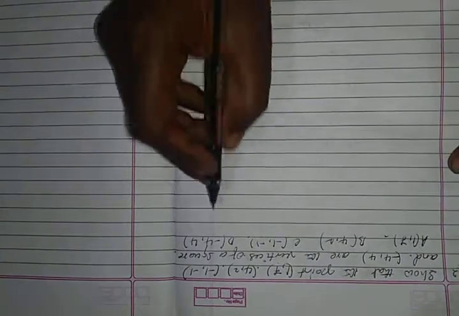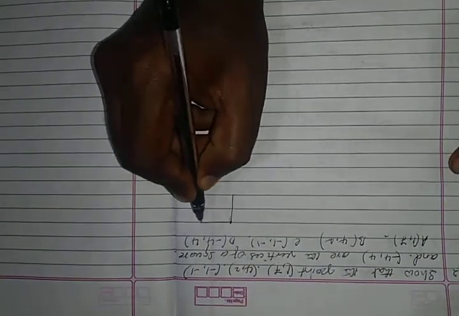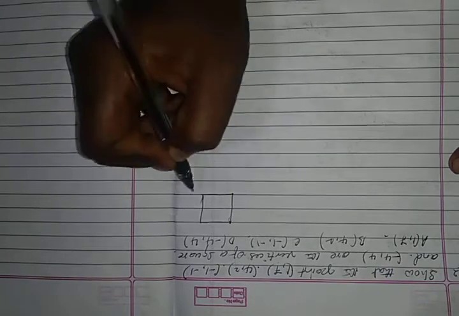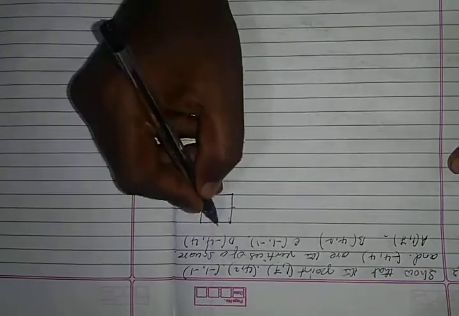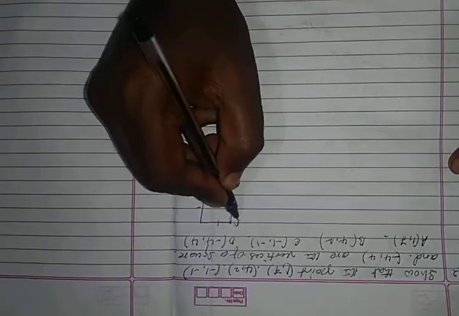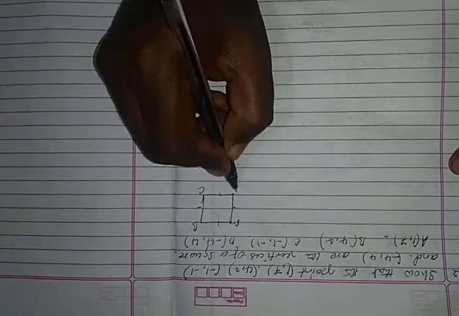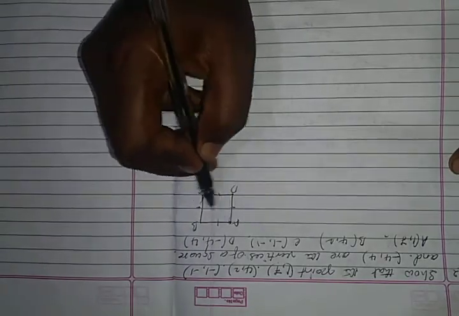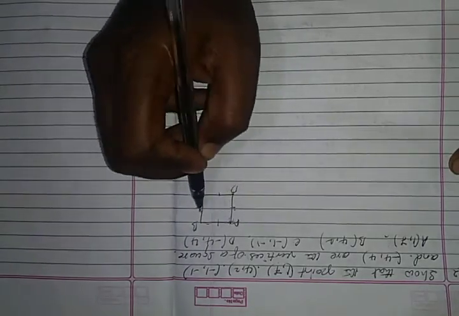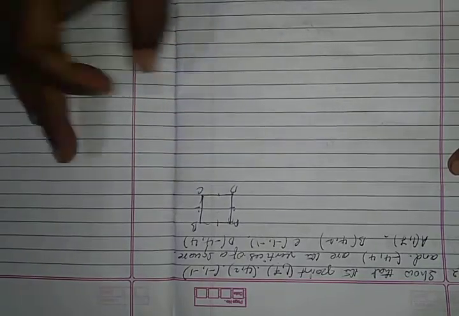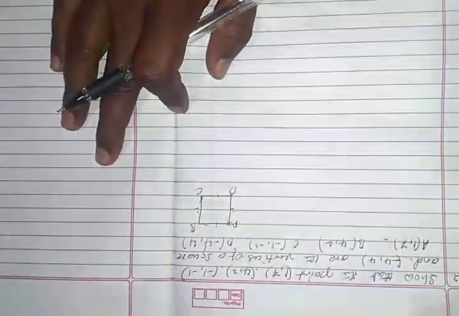You know that in a square all sides are equal. So if the distances between the sides AB, BC, CD, DA are all equal, then these points are the vertices of the square.